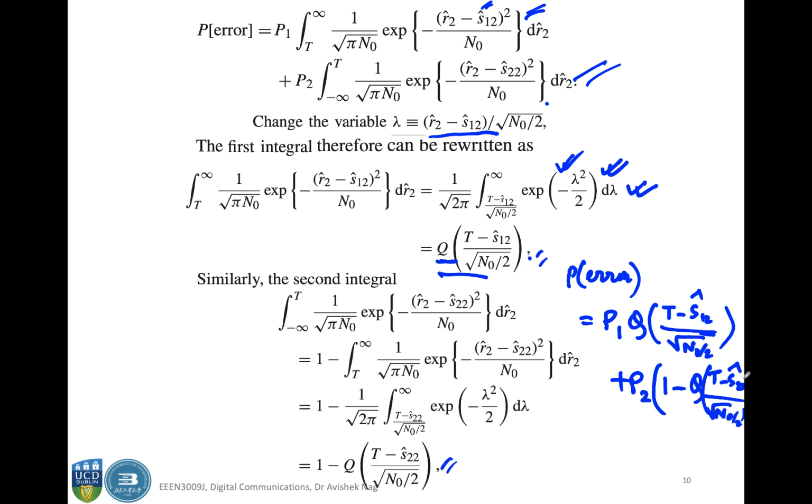So your p1 is equal to p2, which is equal to half, because p1 and p2 are equally likely.